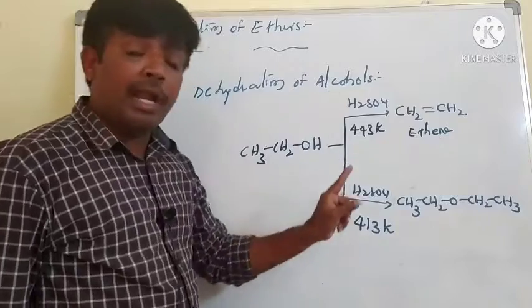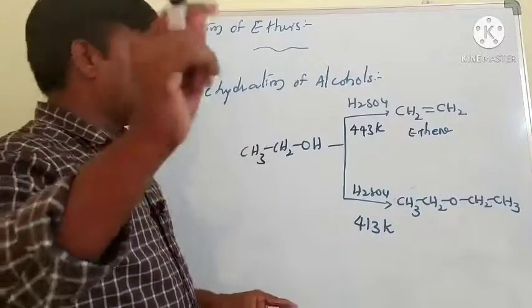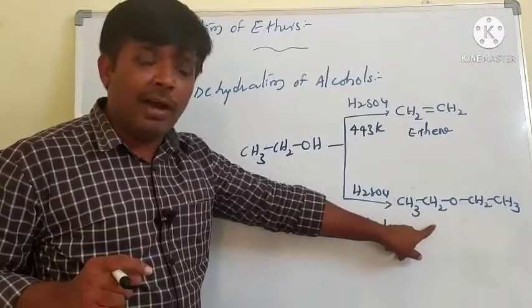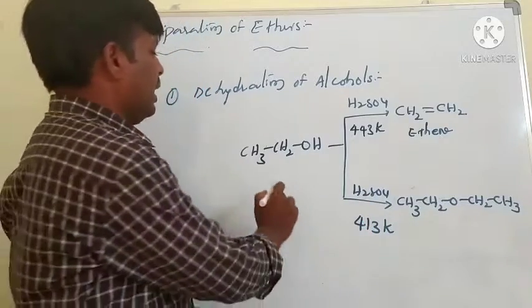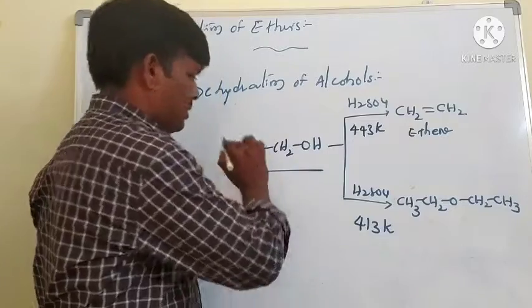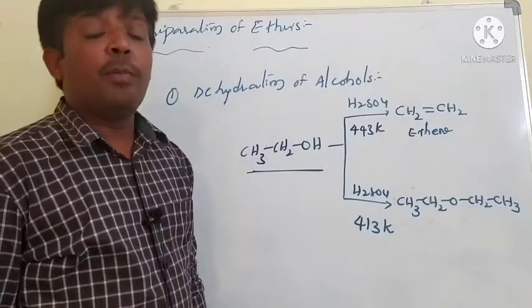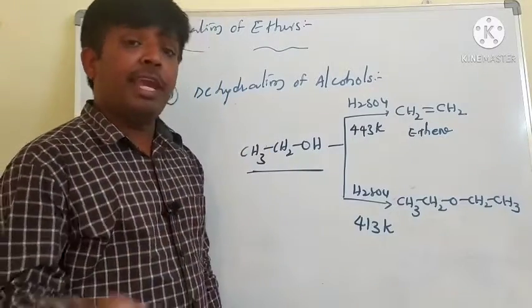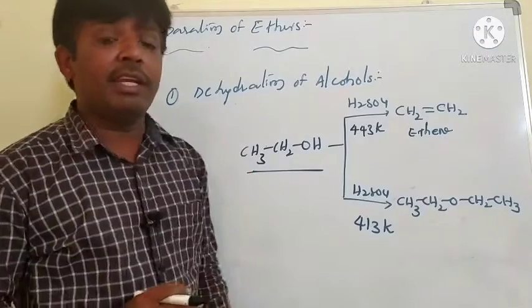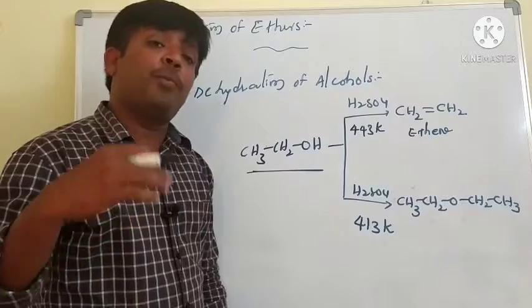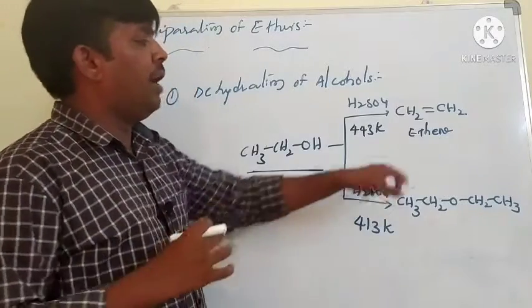The predominant conditions for the formation of ethers are, one is low temperature and the second one is primary alcohols. In case of secondary and tertiary alcohols, there is a possibility to form alkenes again.